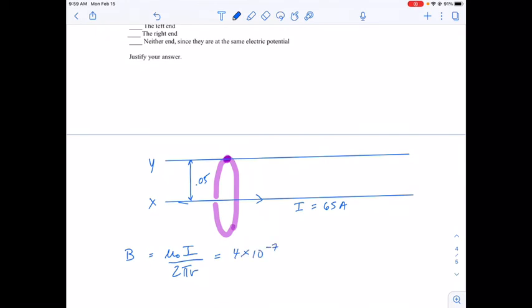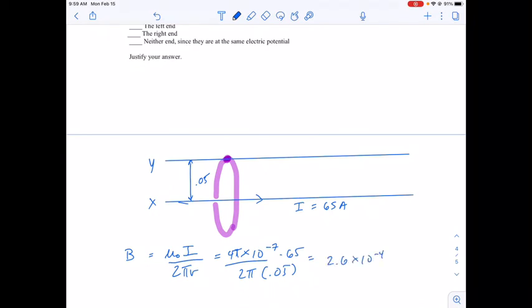So that's 4 pi times 10 to the negative 7th, times 65 amps over 2 pi times 0.05. So that's 2.6 times 10 to the negative 4th Tesla. That's the B field right at that point.